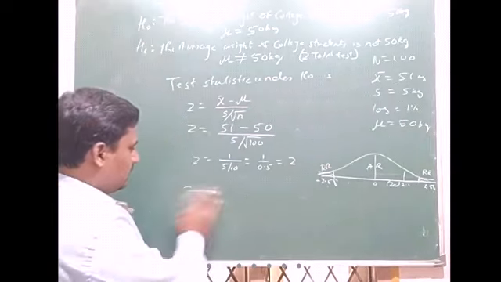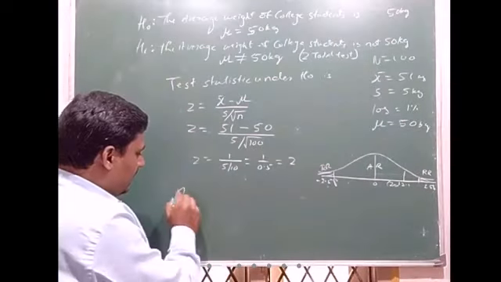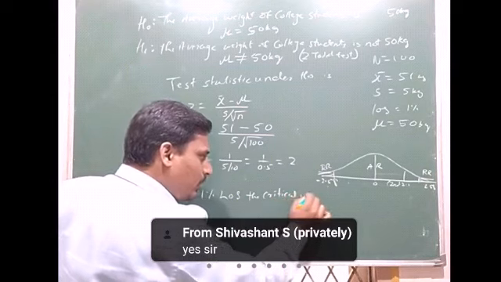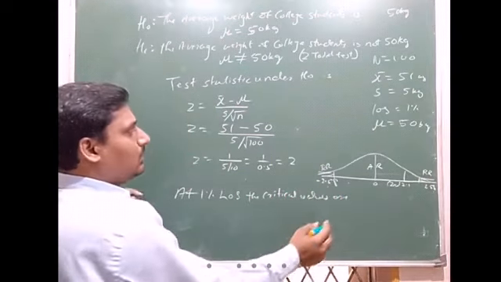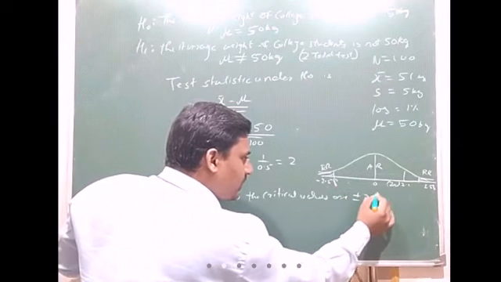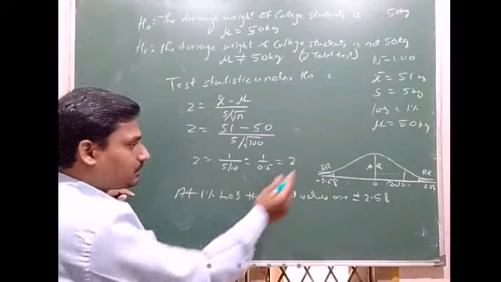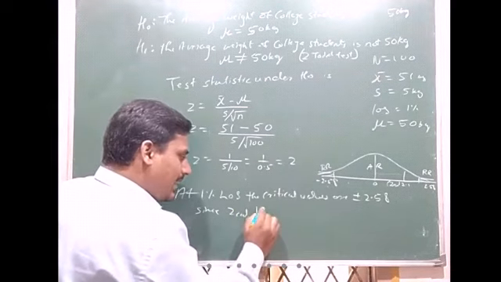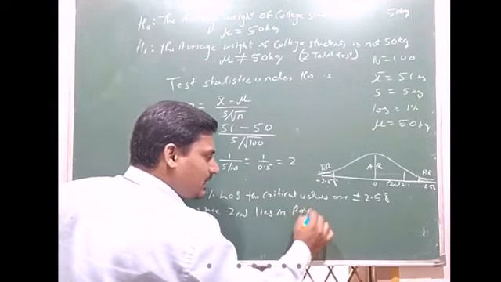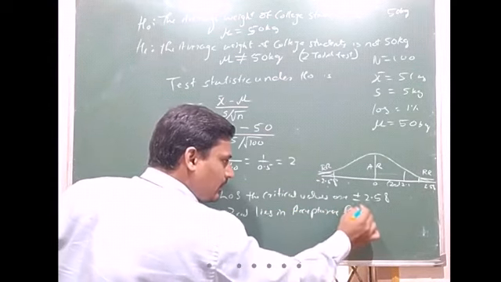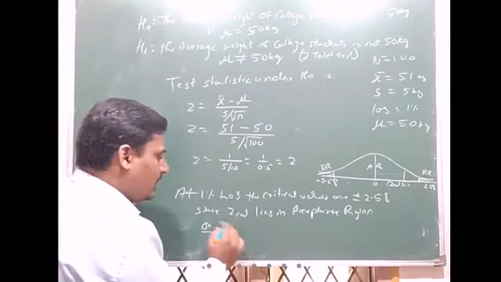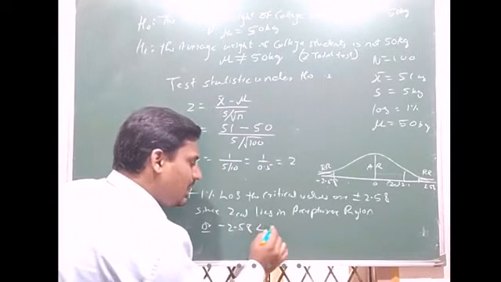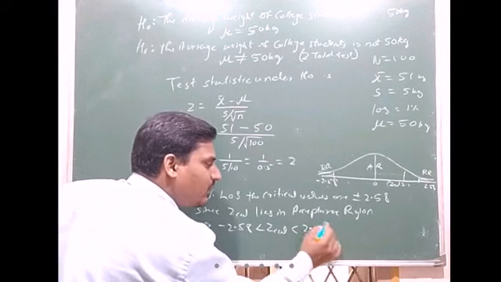I am writing at 1% level of significance, the critical values are plus or minus 2.58, and therefore since Z calculation lies in acceptance region, or minus 2.58 is less than Z calculation and is less than plus 2.58.